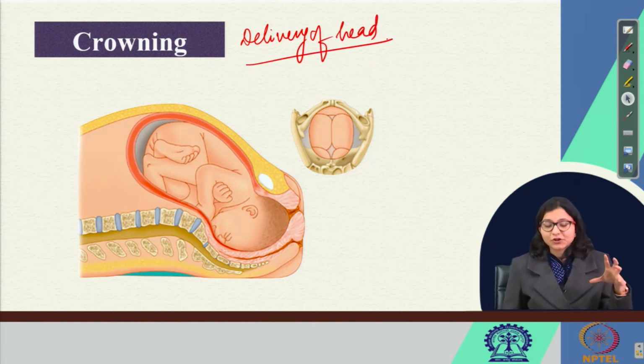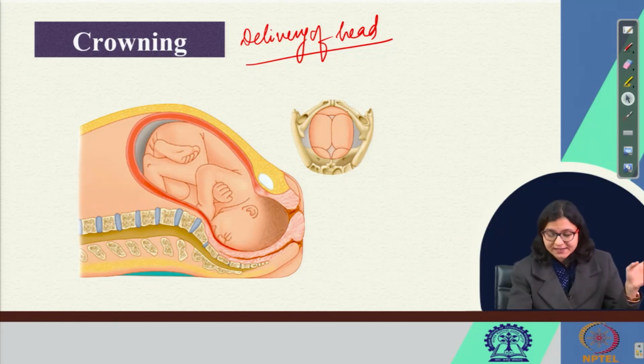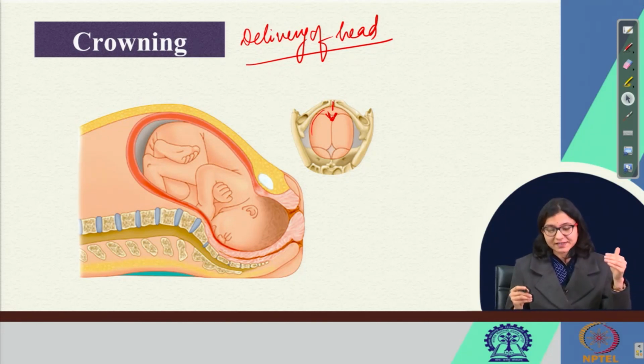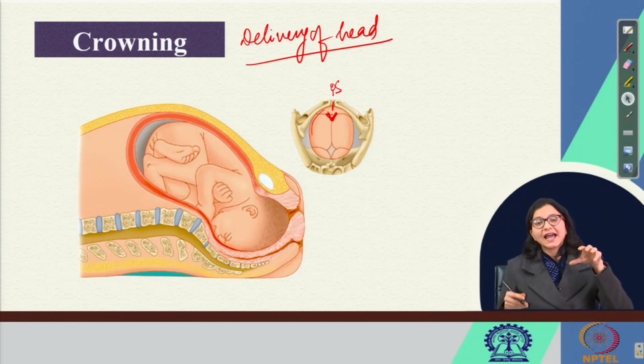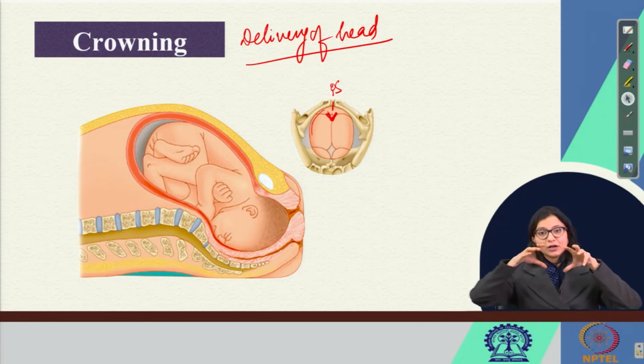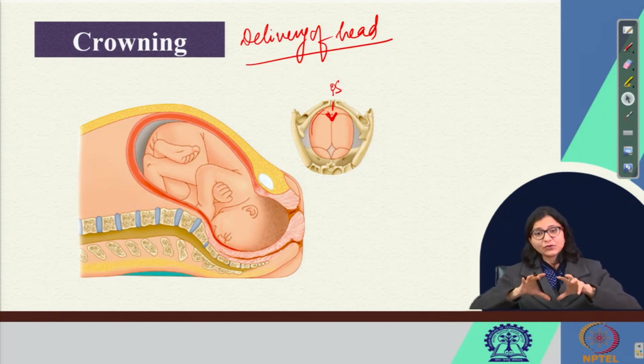There is a phenomenon called crowning. What is crowning? So, this is the occiput. After the internal rotation, the occiput is just behind the symphysis pubis, and now there is the pushing effect.